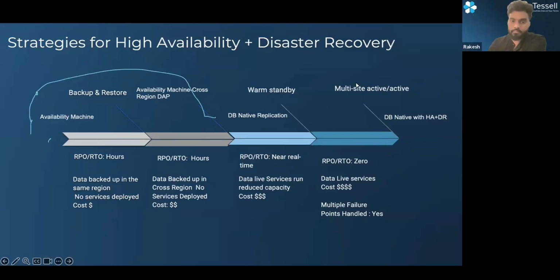Whereas on the right side are all your mission critical, survival critical applications, where you want multiple instances to be up and running always to ensure data availability and your RTO and RPO are almost near zero.